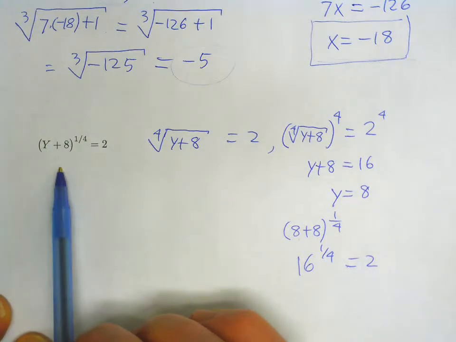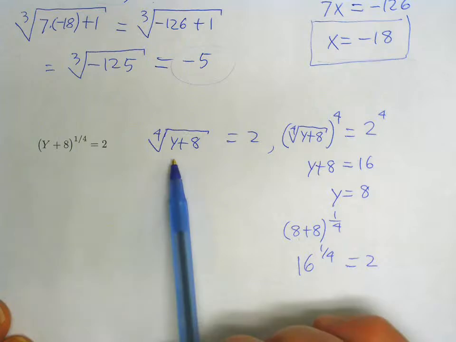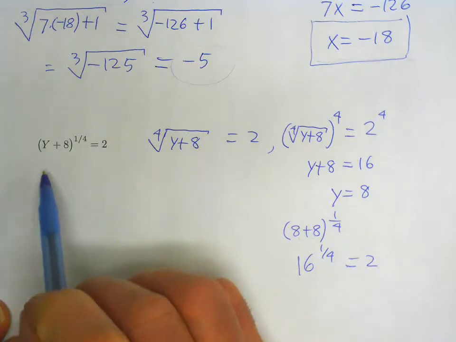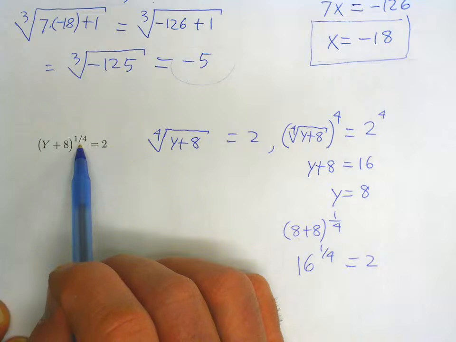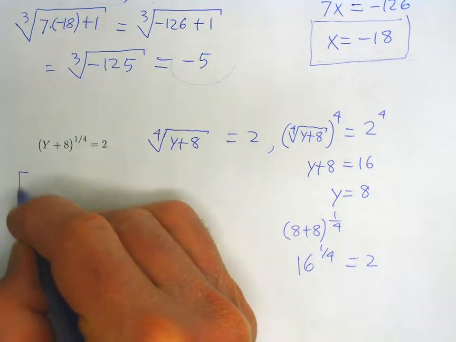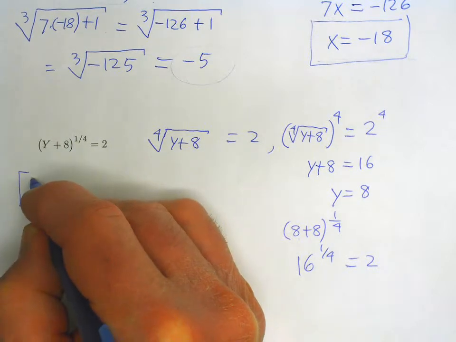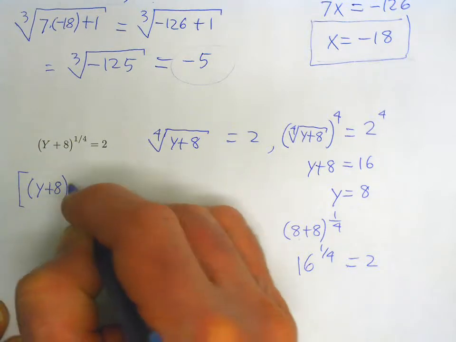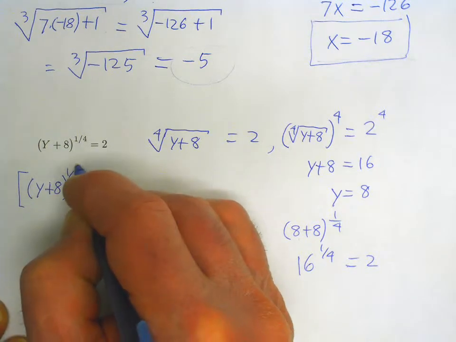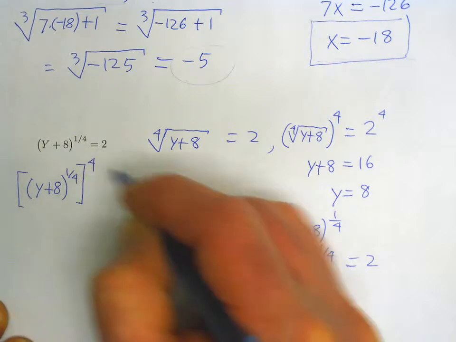Okay, but I also just want to show you what to do. You don't have to convert it to radical form. Since the exponent on y plus 8 is 1/4, we can just raise both sides to the 4th power, just like we did when it was in radical form.